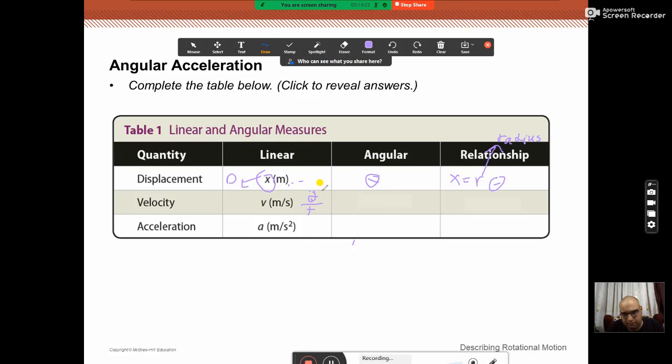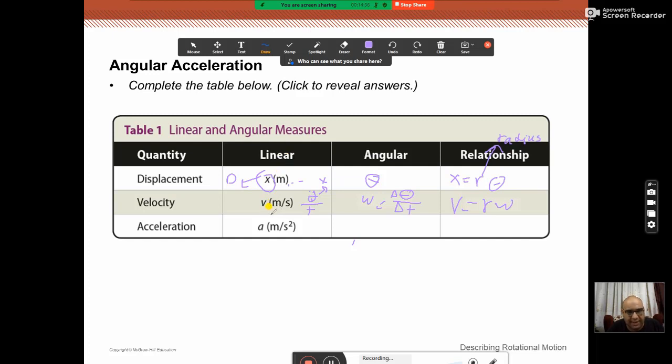We can change d by x, no problem. The angular velocity is called omega, which is equal to change in theta over change in time. And also to find the relation between them, so it's so easy. The linear velocity equal r times omega. R represents the radius of circular motion, and omega is the angular velocity.